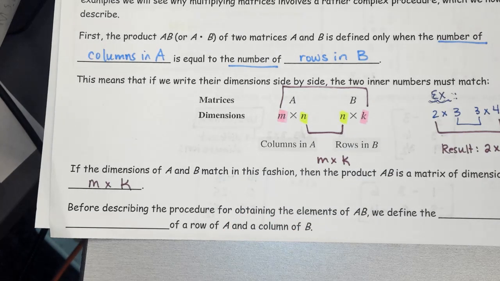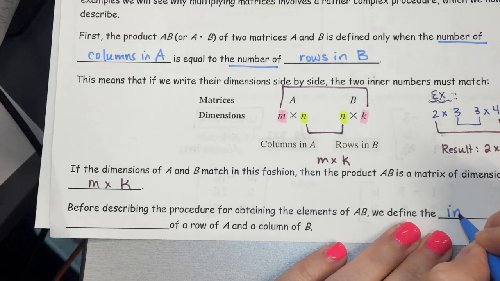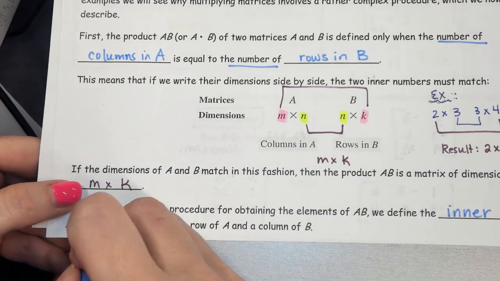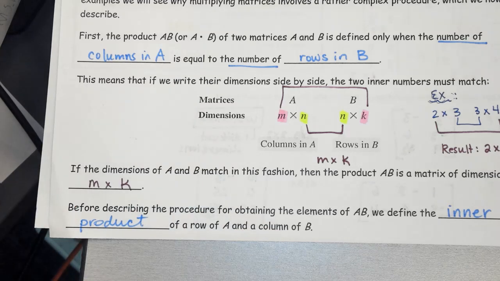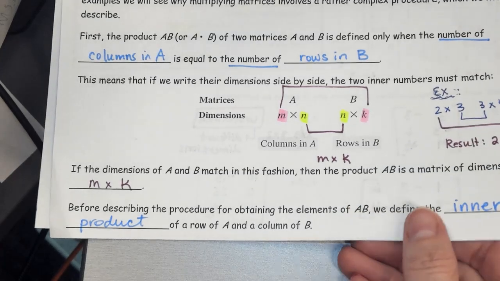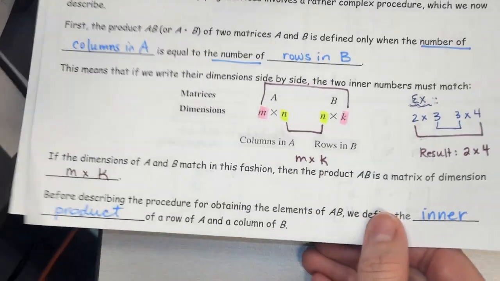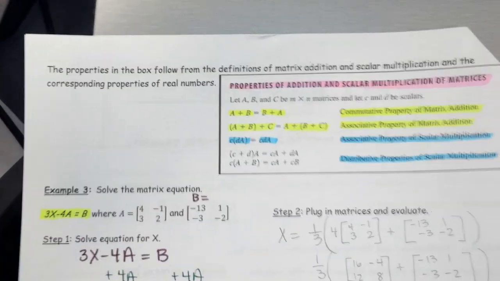So before we describe this procedure, we are going to define what is called the inner product of a row of A and a column of B, because when they define this, they use the term inner product, and we haven't talked about what that means.